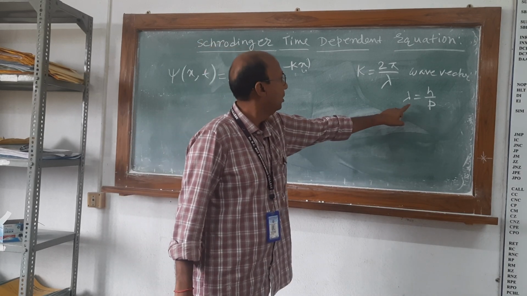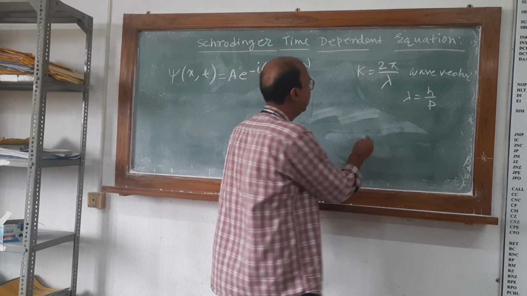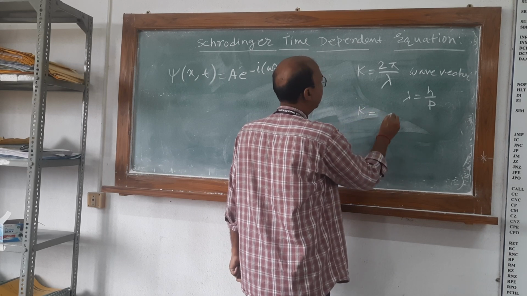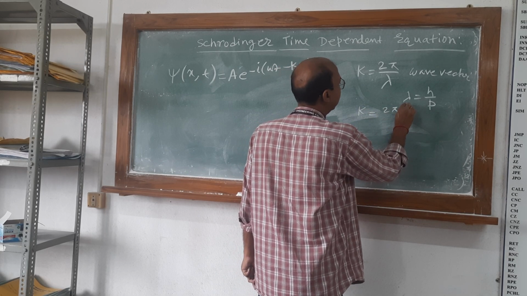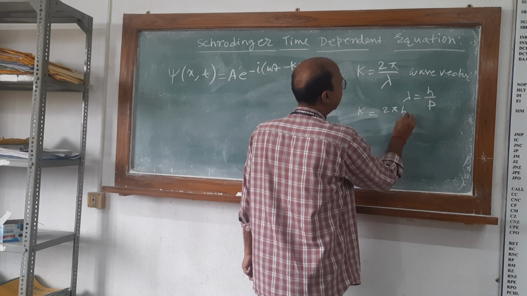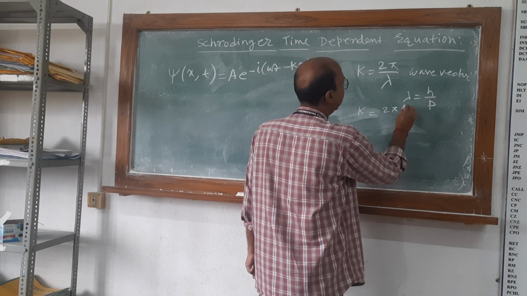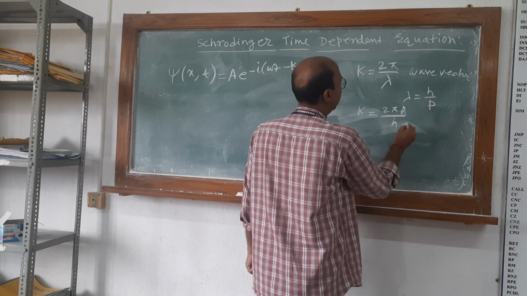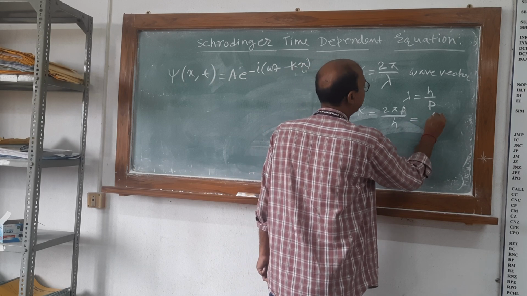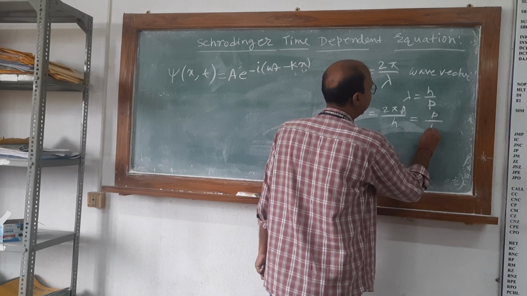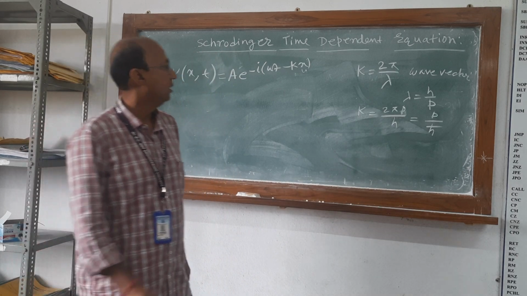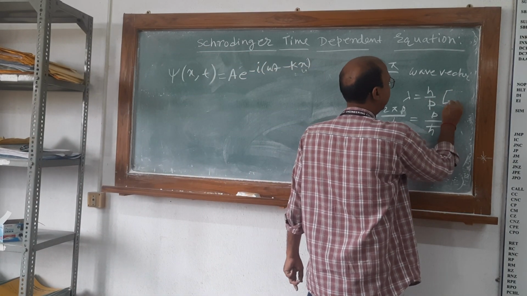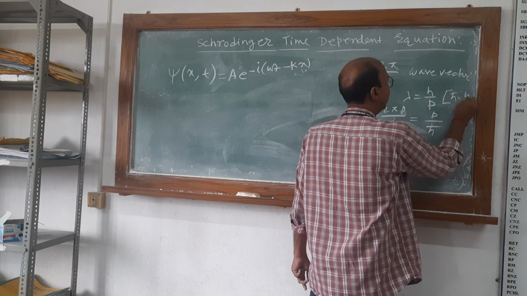So we put this value here: k equal to 2 pi p by h, or this is p by h bar, because h bar equal to h by 2 pi.